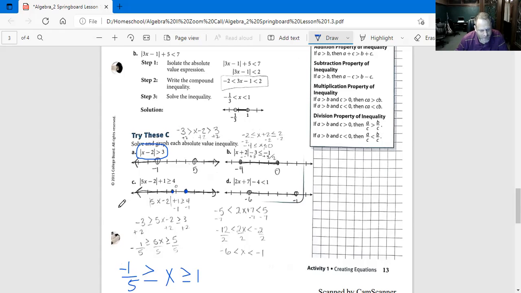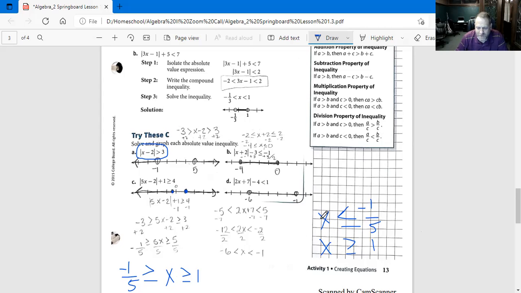So x with the pointy end toward the x. Okay, and then it's going to be negative 1/5. All right, and then the x with the greater than or equal is to 1, right? So now we can better judge it.